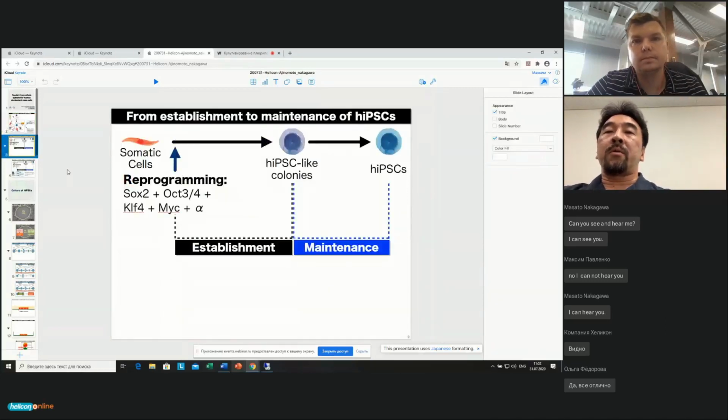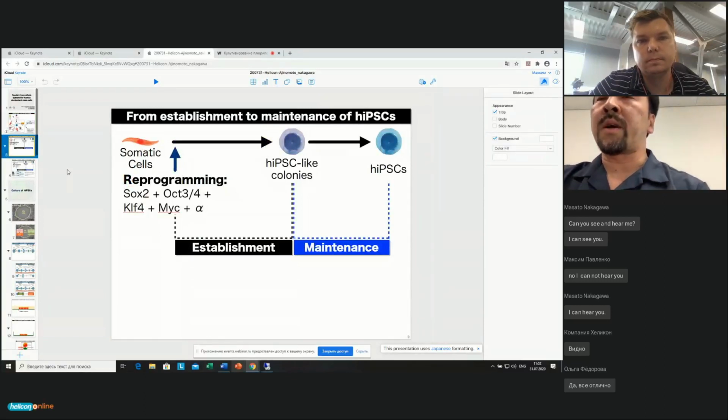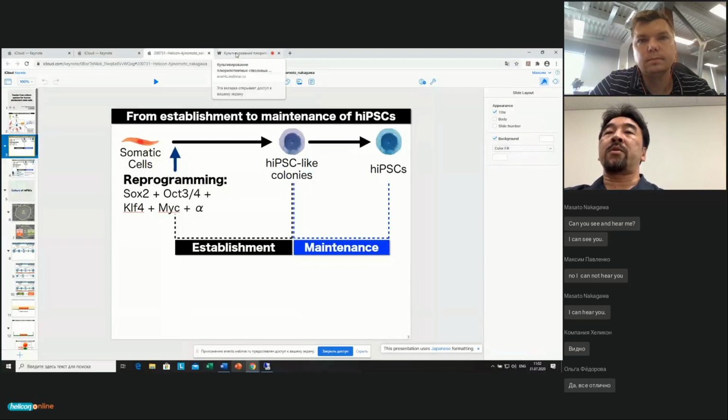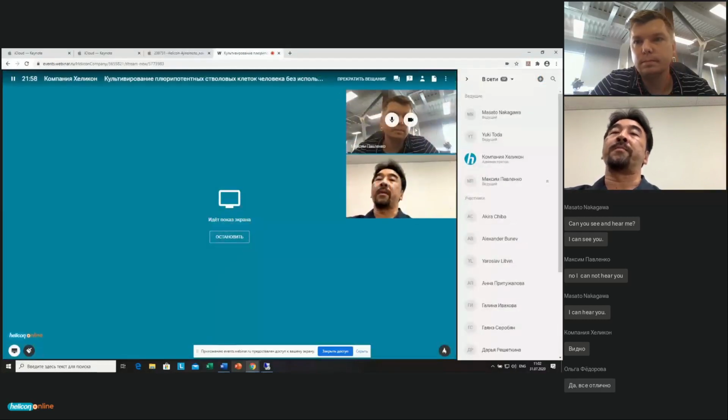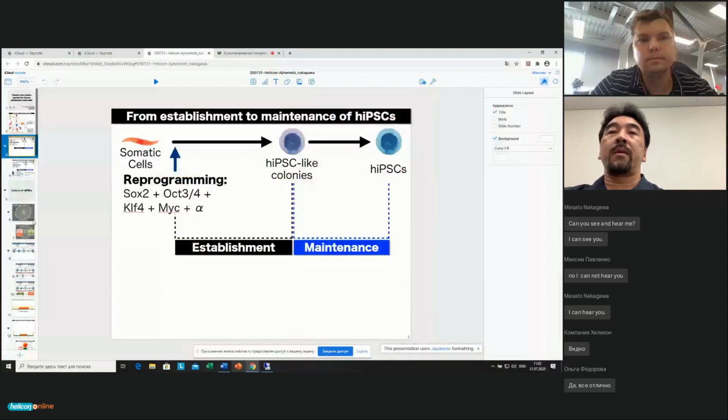So today's topic is the cell culture system for iPS cells or ES cells. This slide illustrates the generation of the human iPS cells. We can separate it into two steps. The first step is establishment of iPS cells, and the later step is the maintenance of iPS cells.